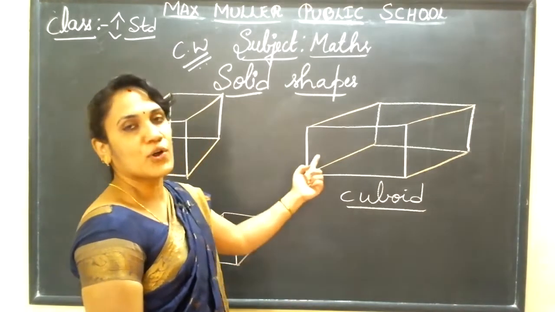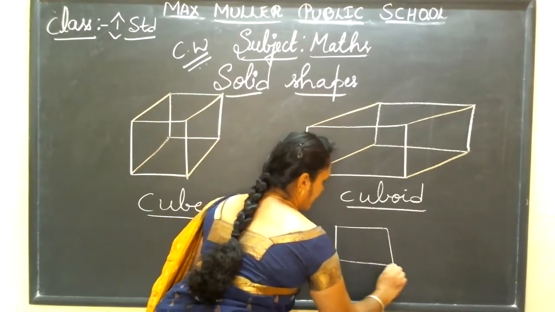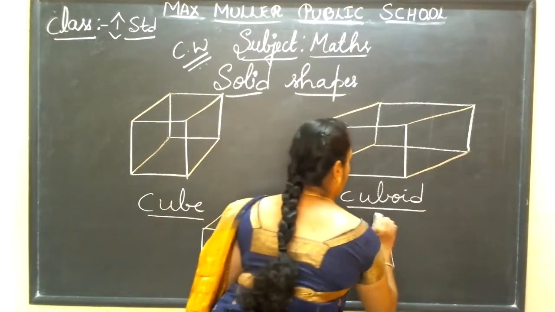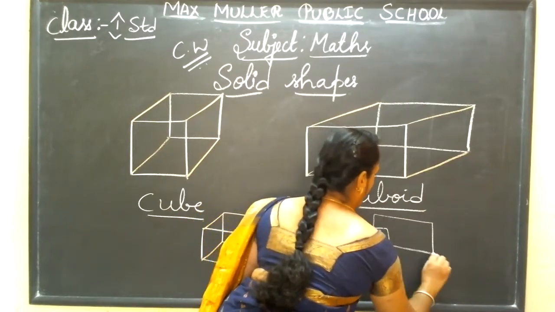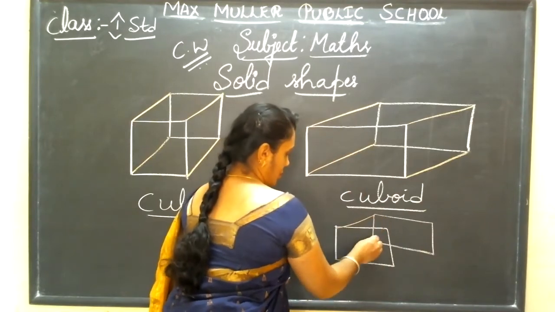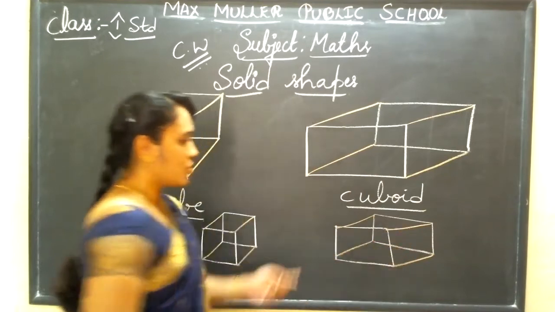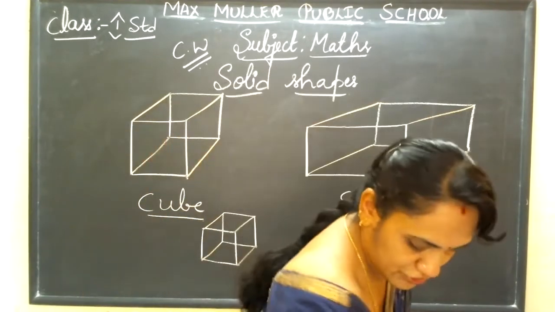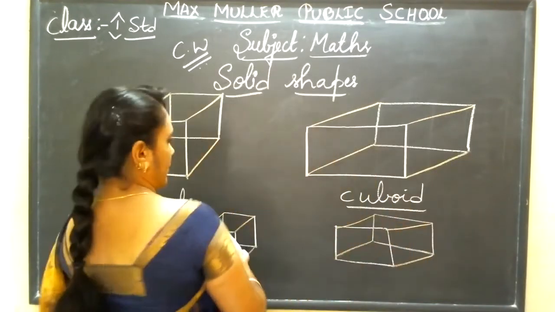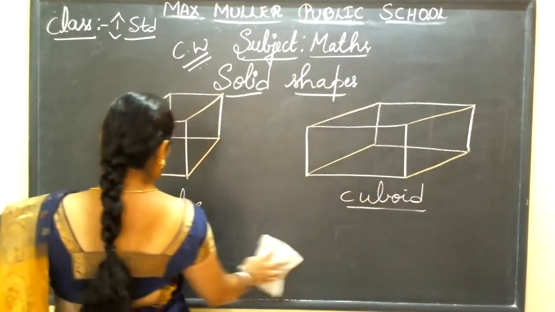For cuboid you will draw two rectangles. One rectangle. Inside that, one more rectangle. Then join the corners. This corner. This is cuboid. Understood how to do? Yes. Cube and cuboid.